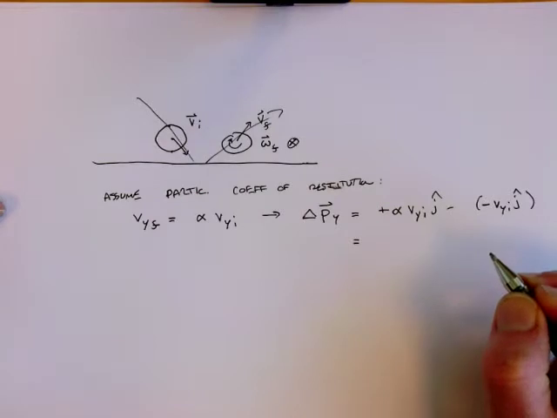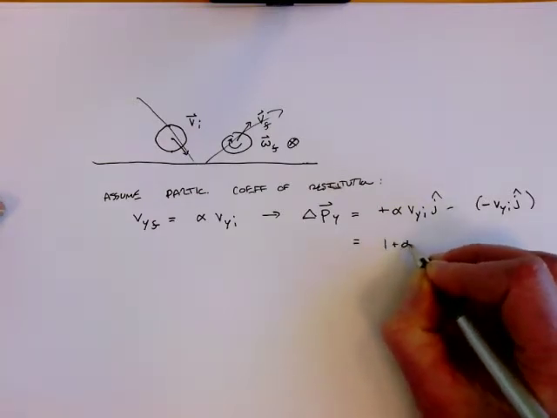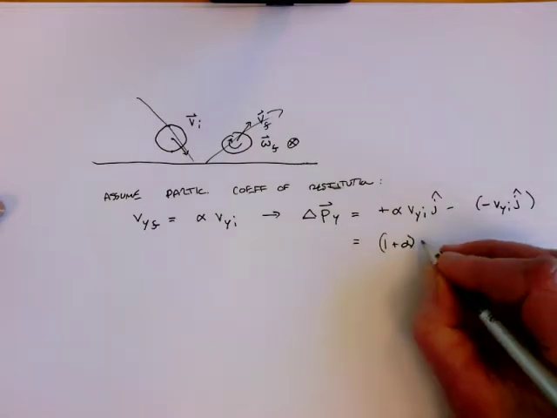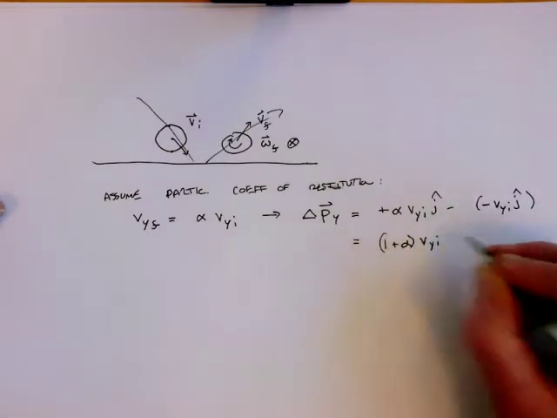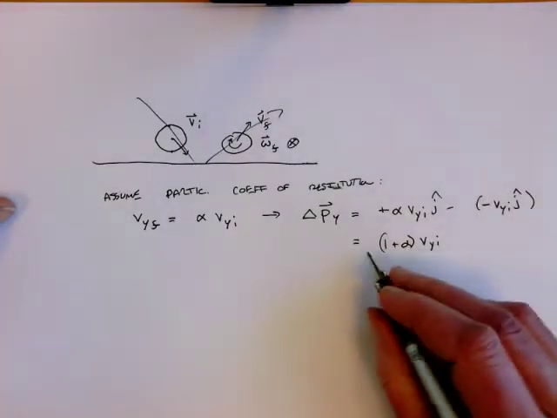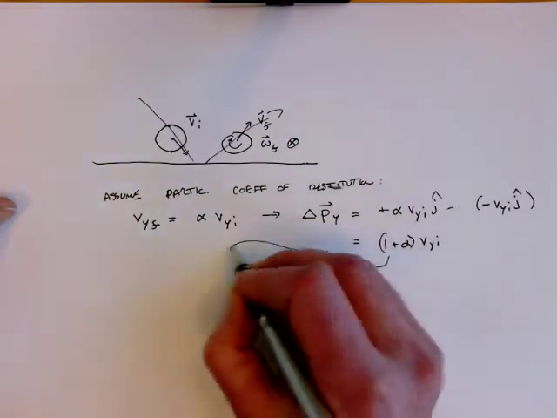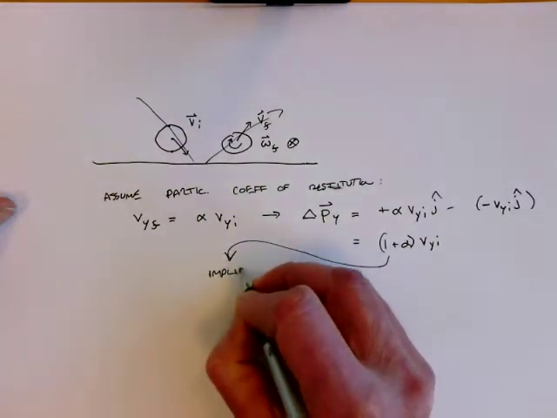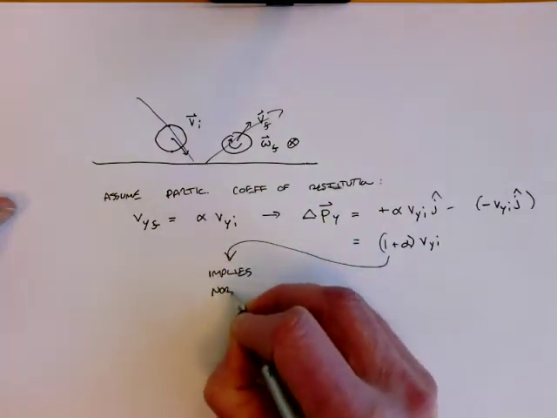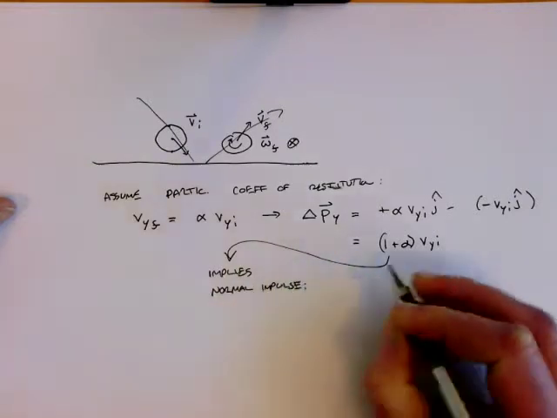So in other words, the change in y momentum is 1 plus alpha times the initial speed in the y direction. Notice that at this point we could say something about what was going on during the interaction, right? This implies that there was some normal force that gave us an impulse, right?